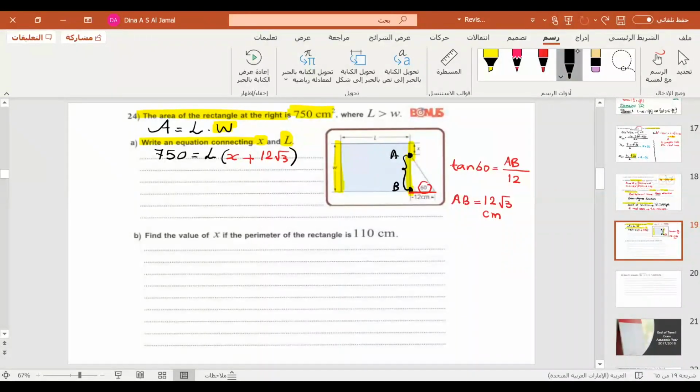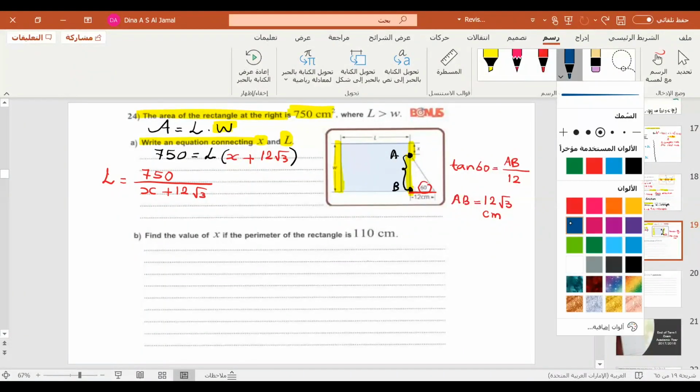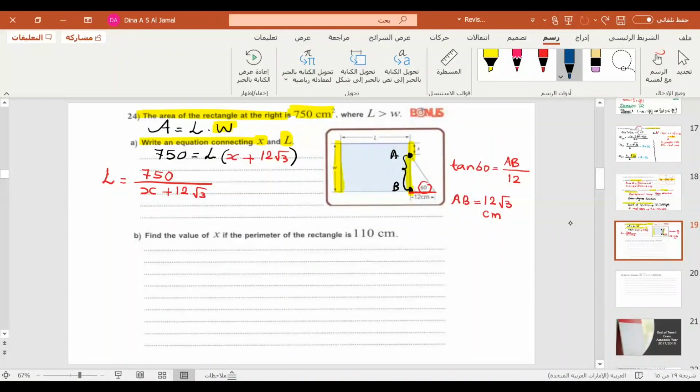Great. So now you can put your L alone by dividing 750 over x plus 12 square root of 3. And one of the most important things is that you can multiply by the conjugate, up and down: x minus 12 square root of 3, x minus 12 square root of 3.